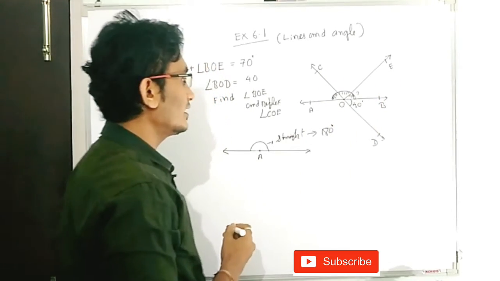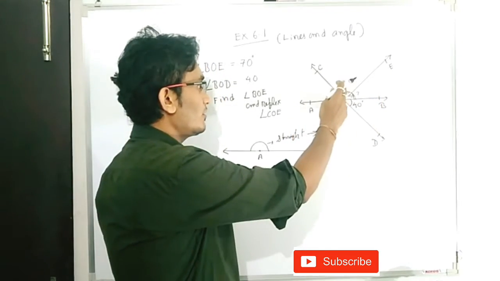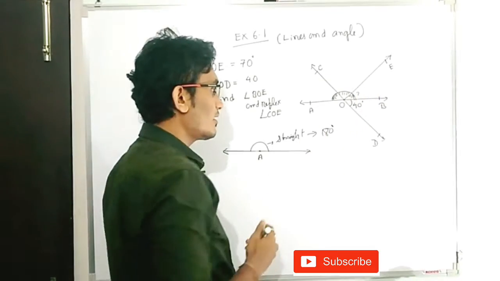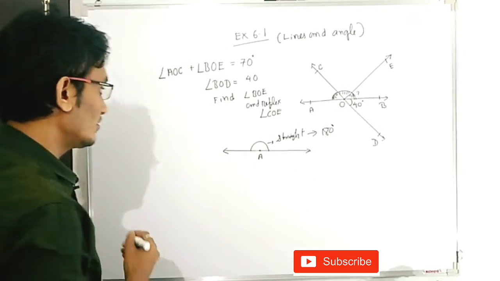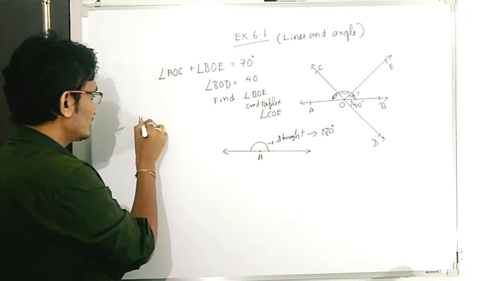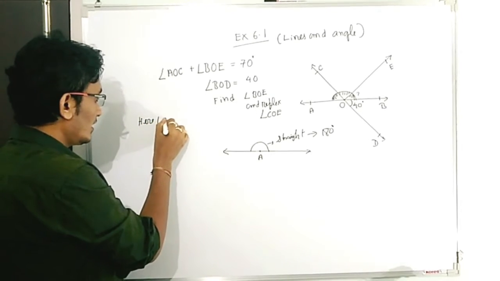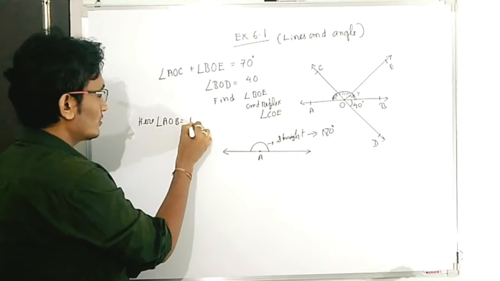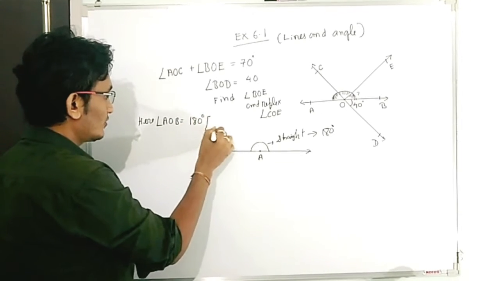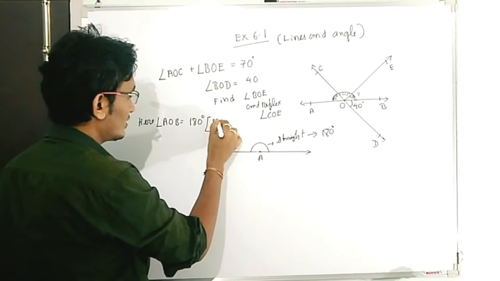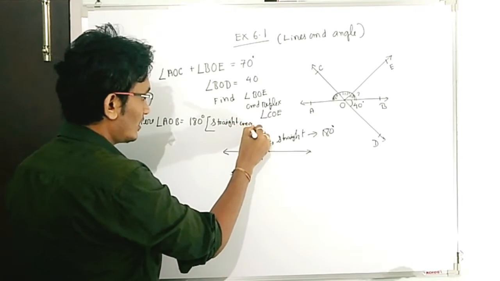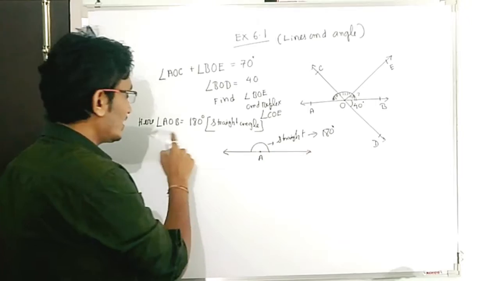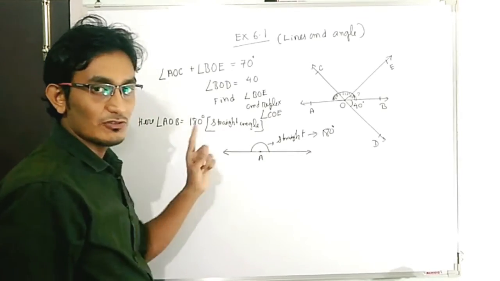So you can write AOC plus COE plus BOE equals 180 degrees, because angle AOB is a straight angle. Why is it 180 degrees? I have just given the explanation. It is a straight angle.